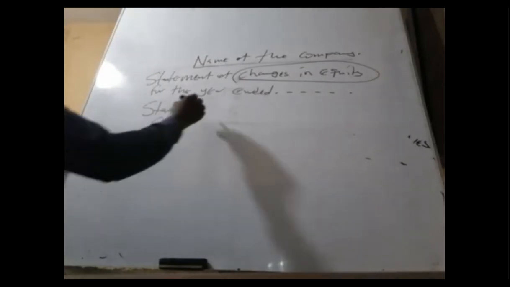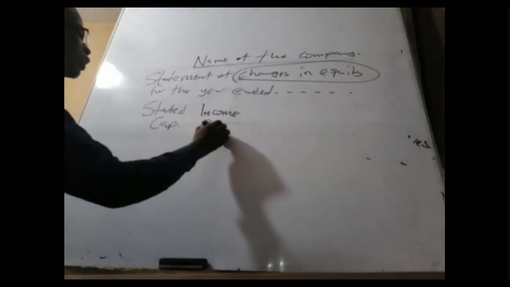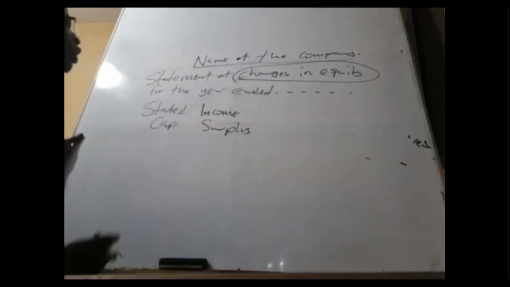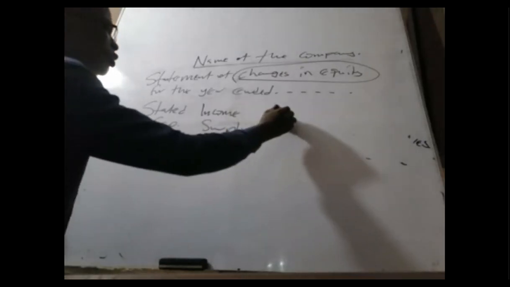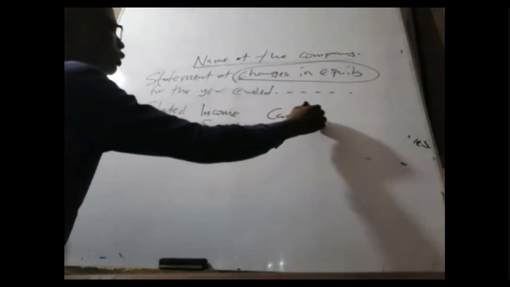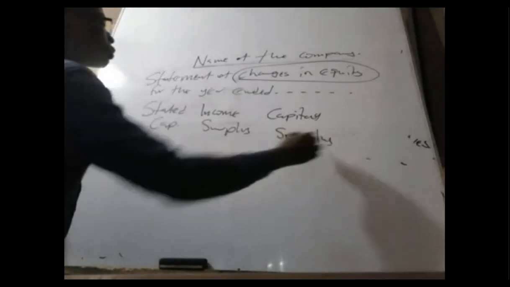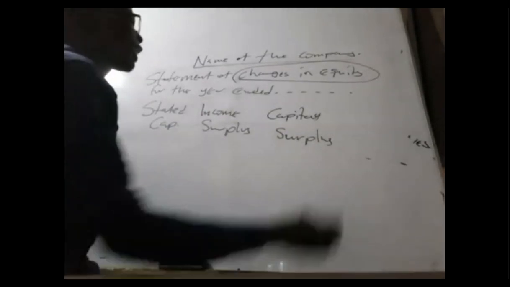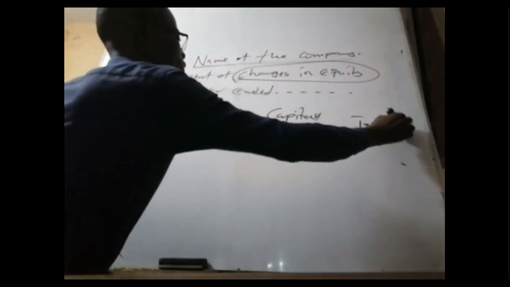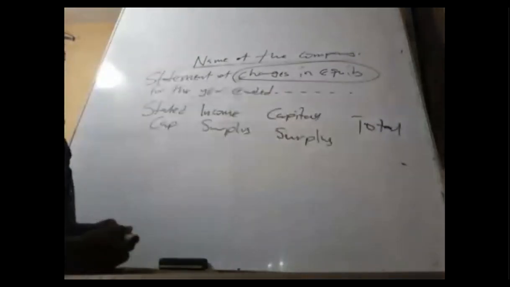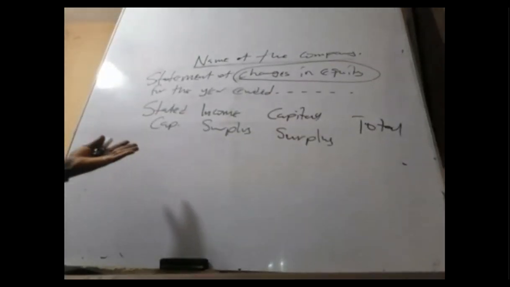Then you move on to income surplus or retained earnings. The next line, you move on to capital surplus or revaluation. And finally, you have your total. If there are many, you write all of them. I'm limiting myself to 3.